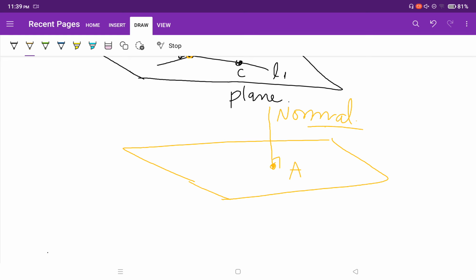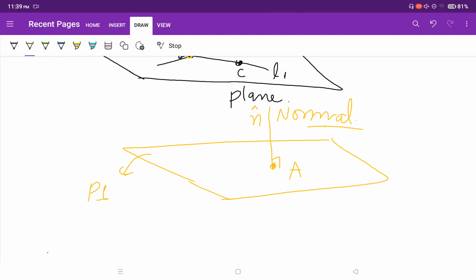So if I have a point and a plane normal, say a plane P1 passes through the point A and is perpendicular to the vector n cap, or n vector. So now this plane becomes stationary. Think, can this plane move? No, this plane cannot move, right?